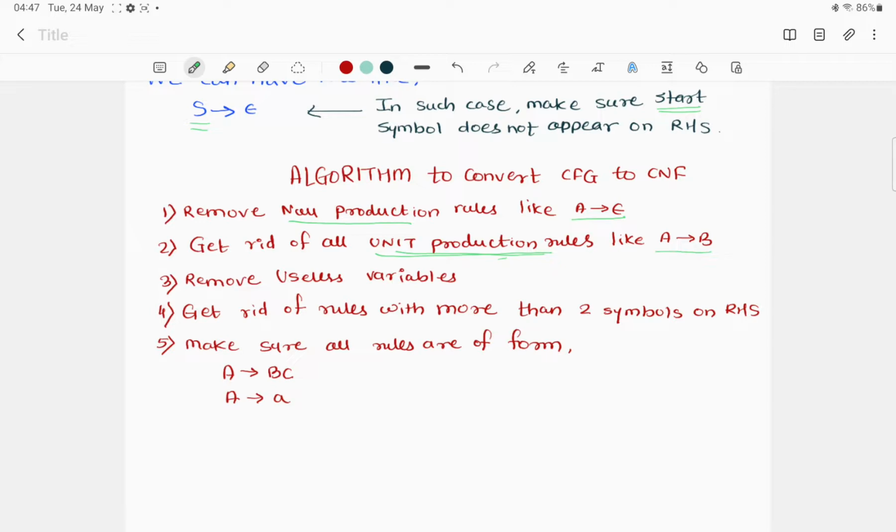And finally, I should make sure that all rules are of the form A giving capital BC or A giving small a. So now let's solve one example for this type of conversion.